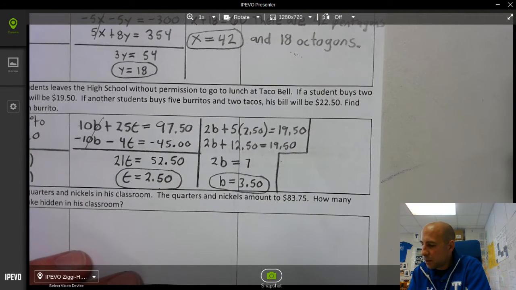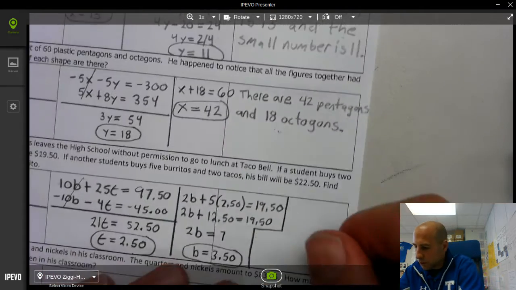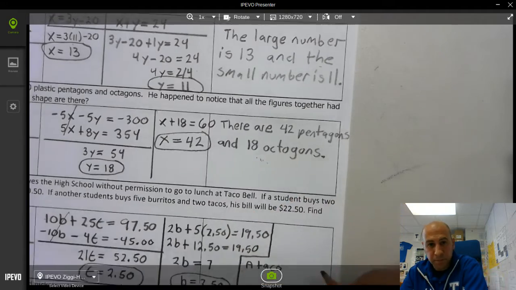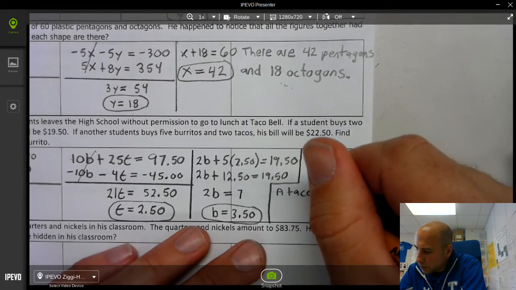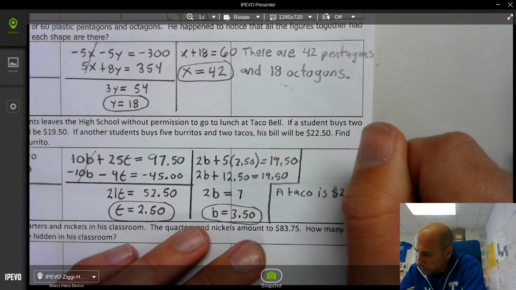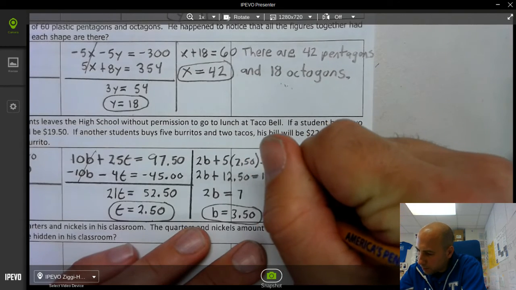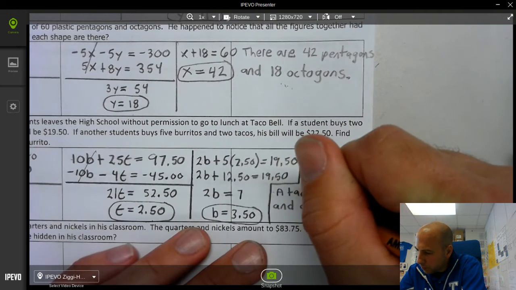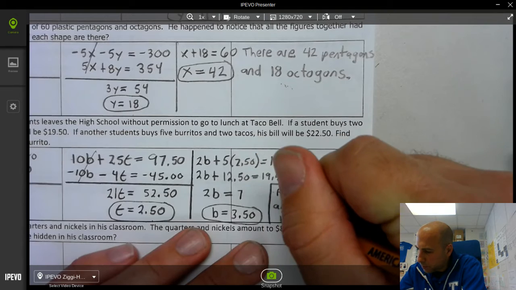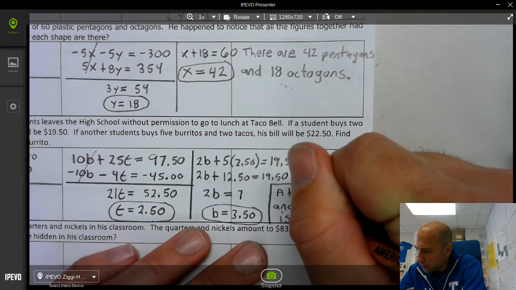All right. So now we have to write a sentence. So a taco is $2.50, and a burrito is $3.50.